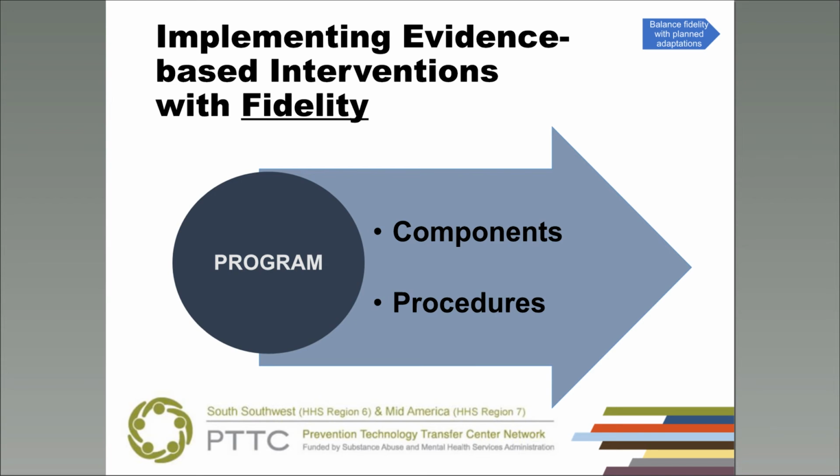What is fidelity? It's a word that we throw out there in prevention, but what it really comes down to is fidelity is the extent to which a program or practice is implemented as intended. And to really implement a program and practice as intended, you need to know what was intended in the first place. So implementing interventions with fidelity, that's the gold standard.